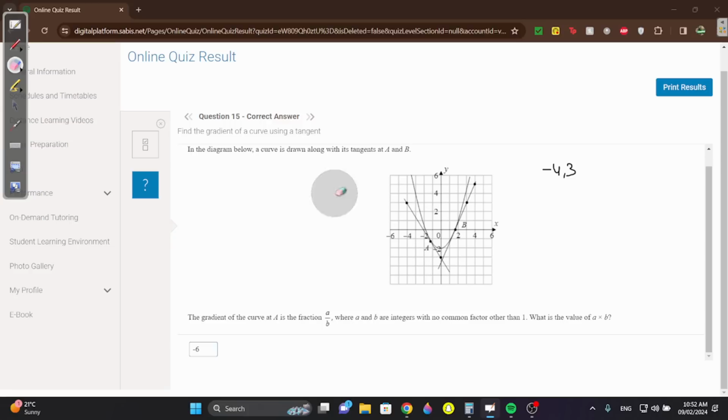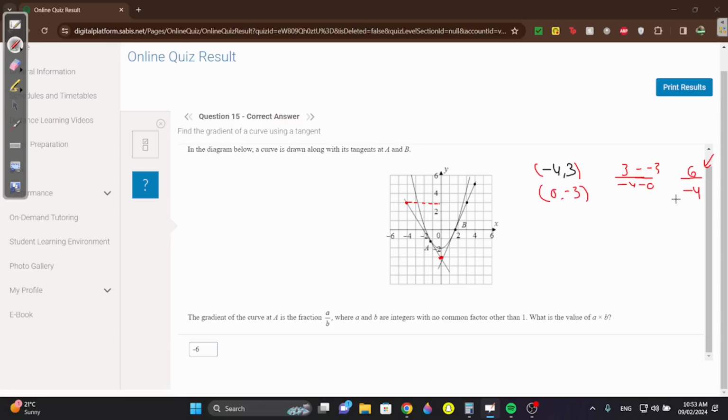Let me put it in red so you can see. This is -4 comma 3, and this is 0 comma -3. Do y2 minus y1 over x2 minus x1. It will be 3 minus -3 over -4 minus 0. It will become 6 over -4.